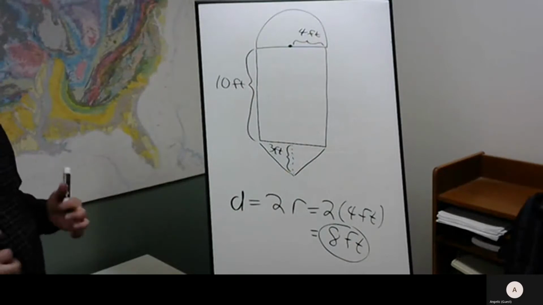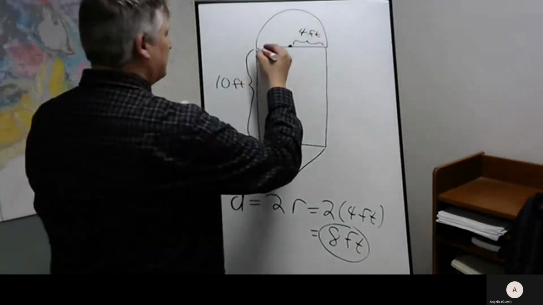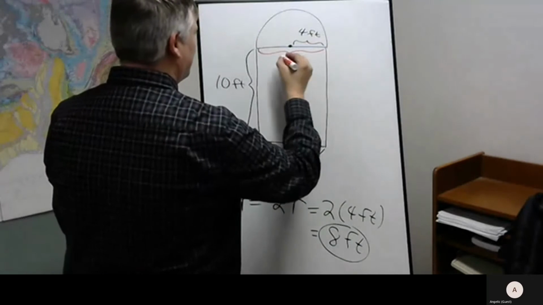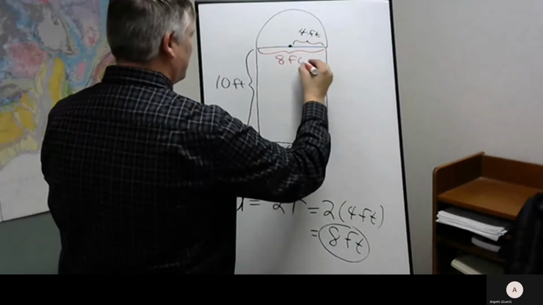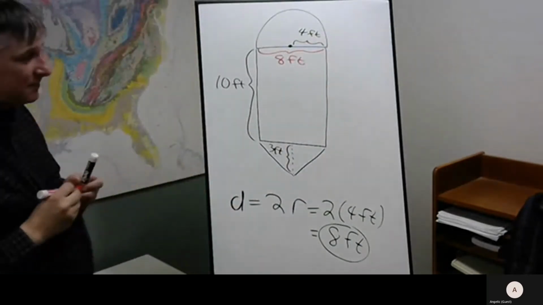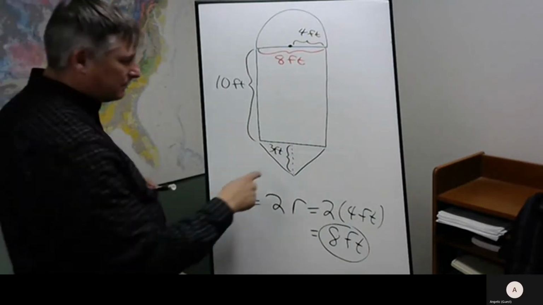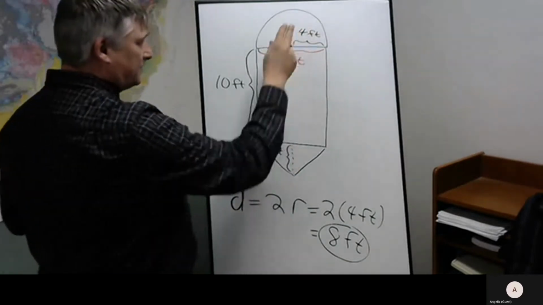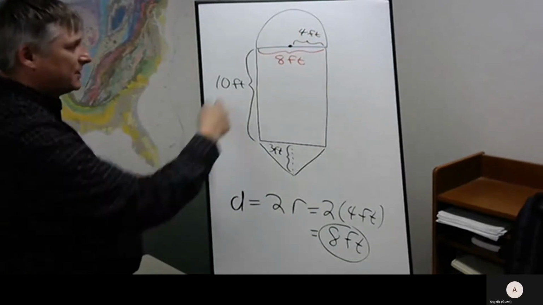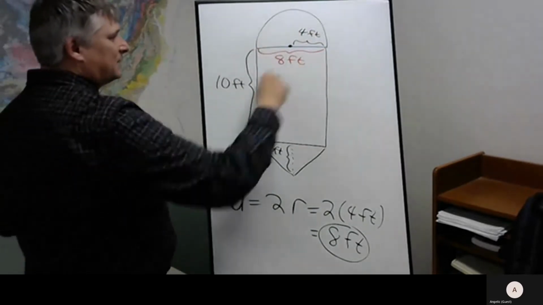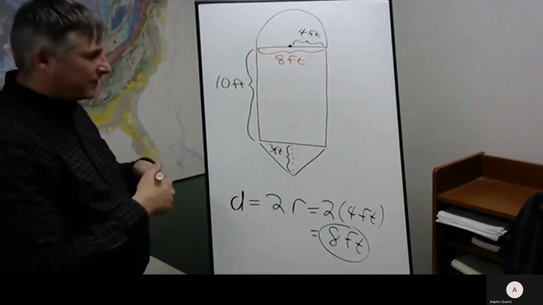So now we know the diameter of the circle. This is 8 feet. Now, the next step, we can find the area of this. We can say this is the base and this is the height. So we got the area of our rectangle.